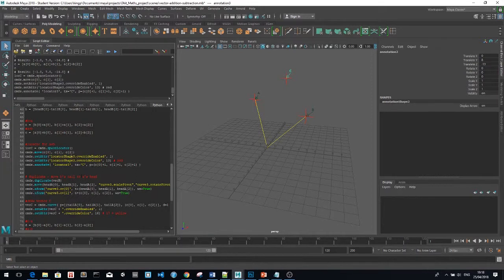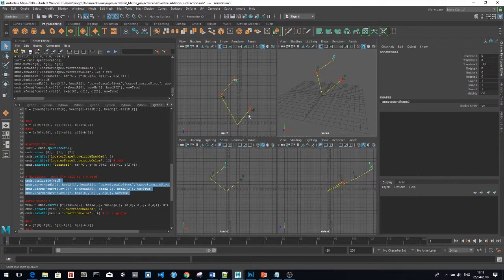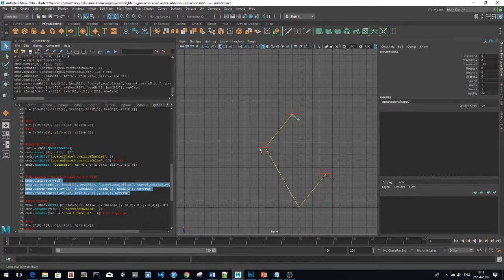Now if we take a duplicate of vector B and move its tail, it will start at A's terminal point. So if we run this code here, it duplicates it, and you can see they have the same direction and the same magnitude.